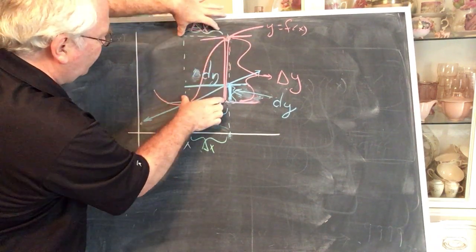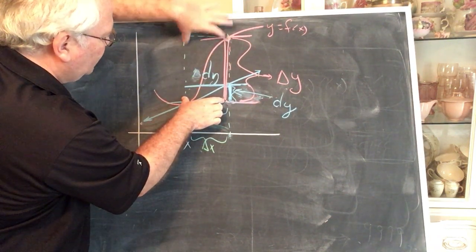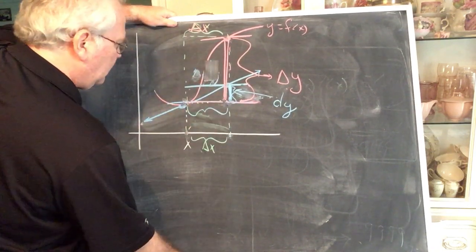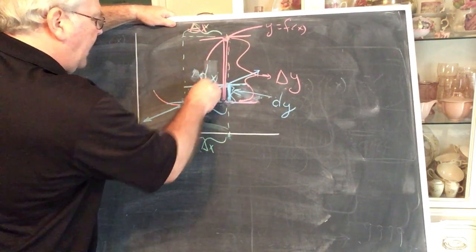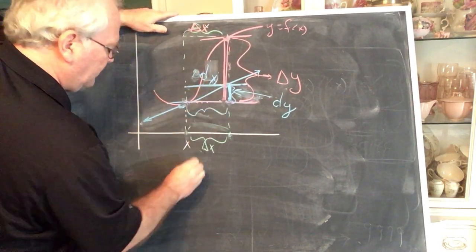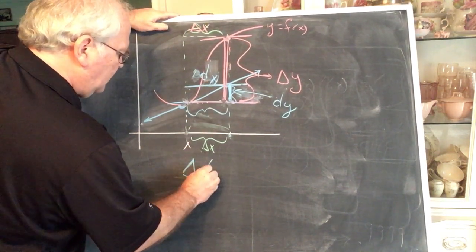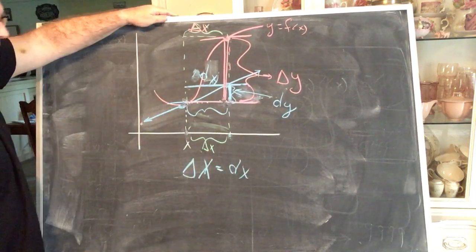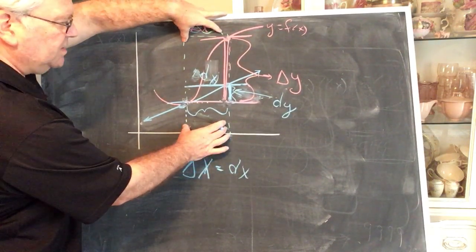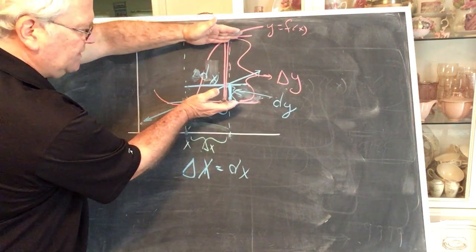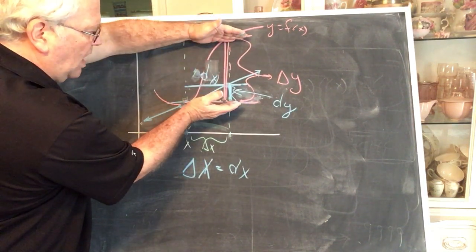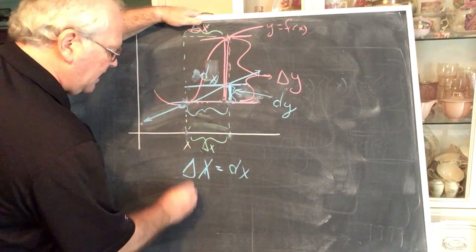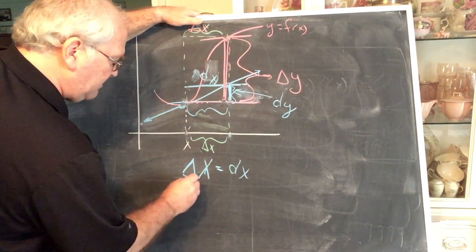On the horizontal scale, delta x and dx, I've labeled this incorrectly, delta x and dx are equal to each other. That's one key here. Delta x and dx are always equal to each other on the horizontal scale. But what's different is the vertical. Delta y and dy are potentially different. But it should be clear this statement is true.